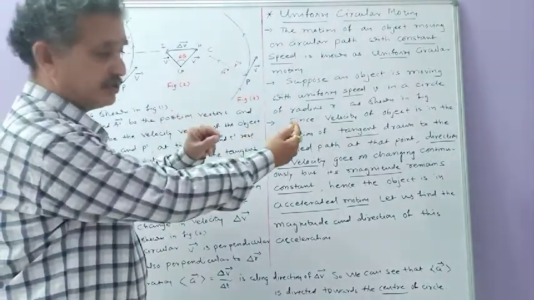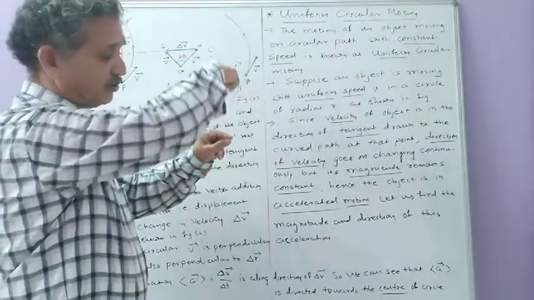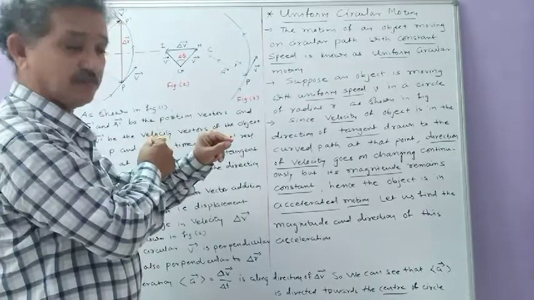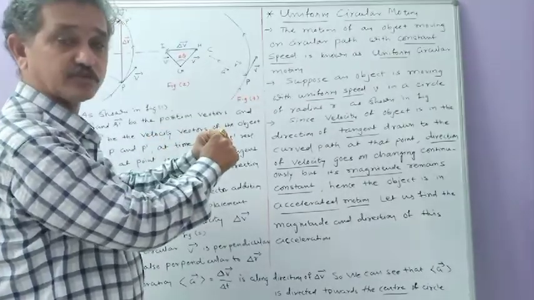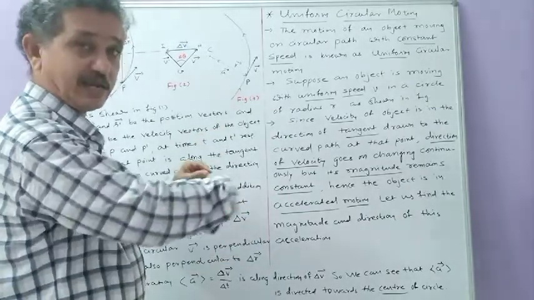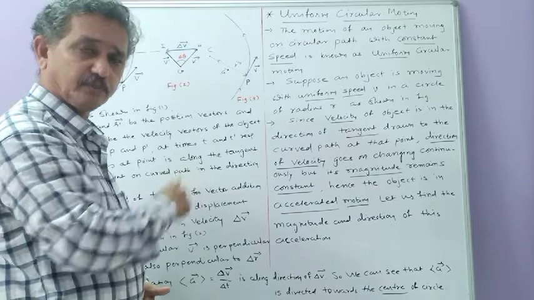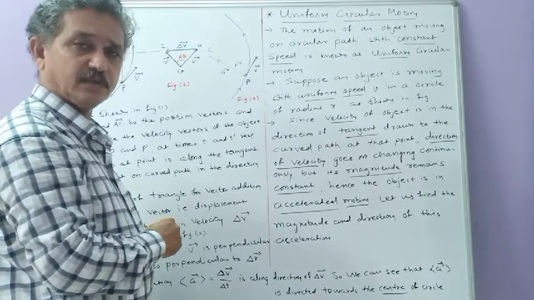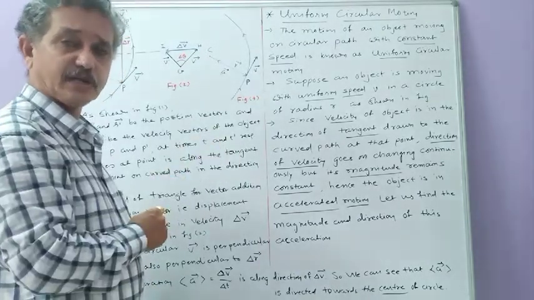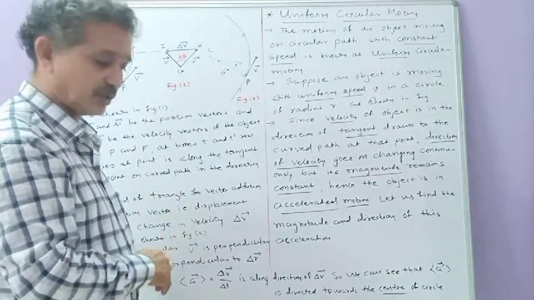The particle is here, along this center direction, acceleration. The particle is here, along the direction of center, the acceleration is there. It means from any point of the circular path, in the direction towards the center, there is an acceleration, and that acceleration is known as centripetal acceleration.